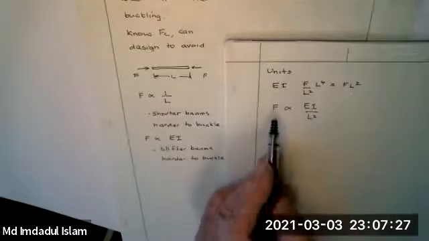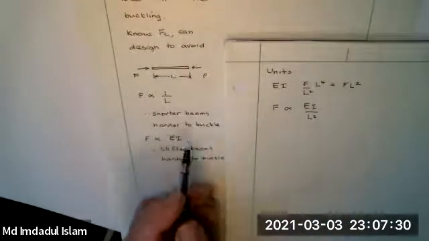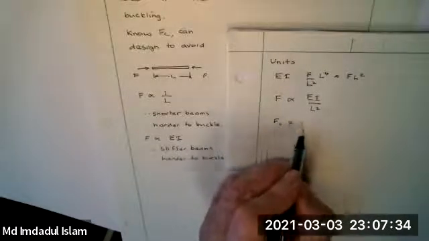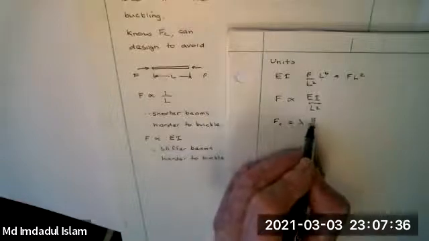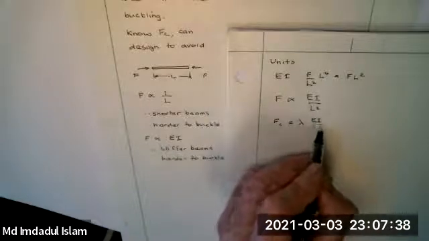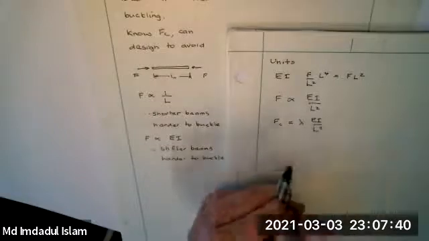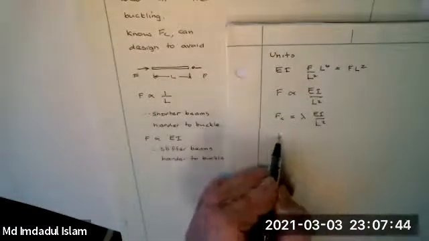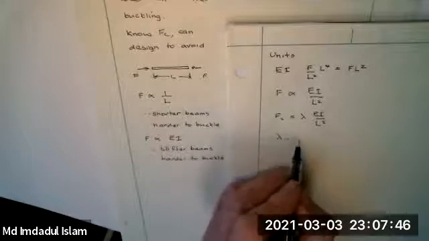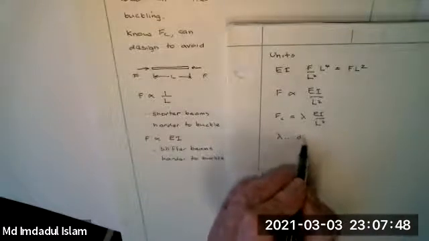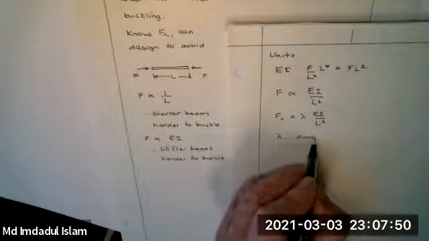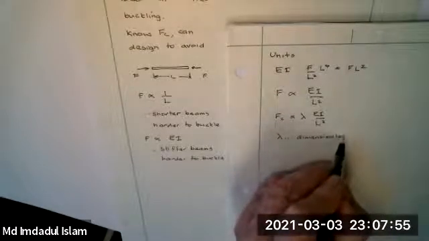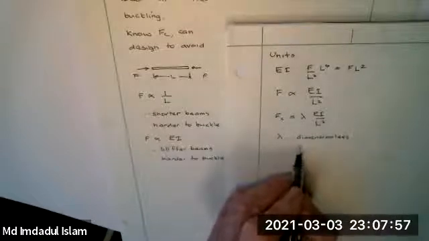That'll get rid of the L squared, and this will just be a force. So we can expect that the buckling load is lambda EI over L squared, where lambda is a constant of proportionality. It's a dimensionless constant. Just a number.